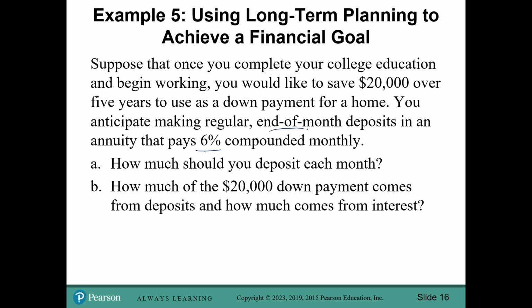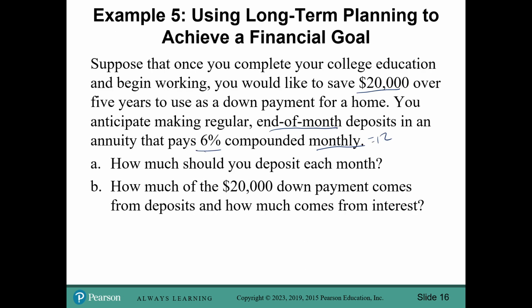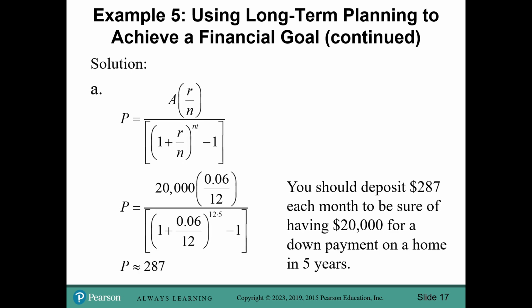We're making end of the month deposits. Remember, month and monthly is 12 times a year, right? $20,000 initial deposit. I think that pretty much covers everything in the problem. And one more thing, we're trying to do it in 5 years. That's also important. Okay, so $20,000 goes in because that's what we want to have at the end of those 5 years.